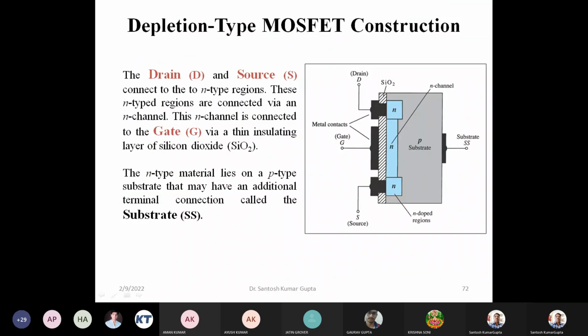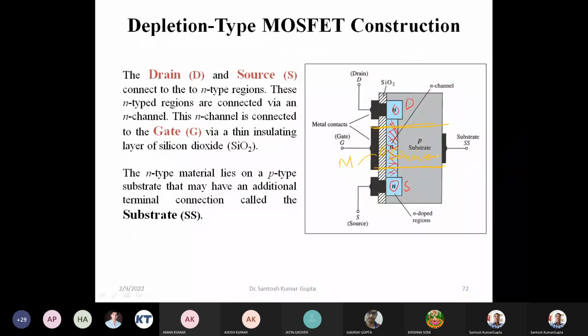Okay, so let us come back and try to understand here. This is the metal oxide semiconductor which we just discussed. This is metal, this strapped thing is oxide, and this below thing is the full semiconductor substrate.